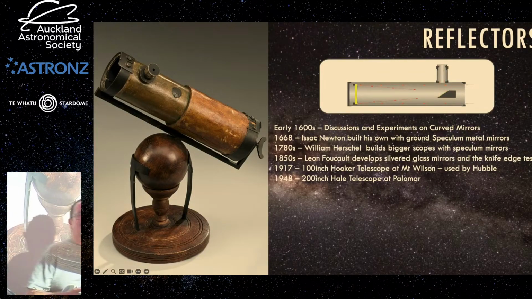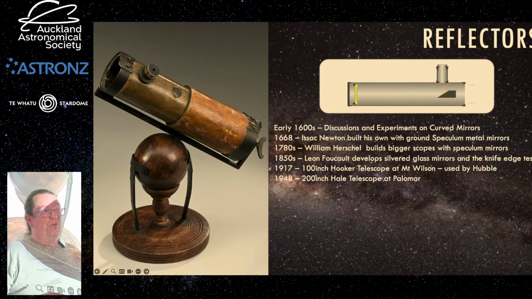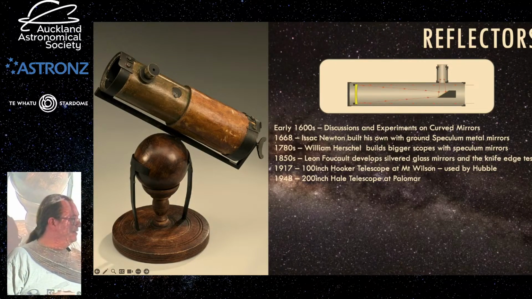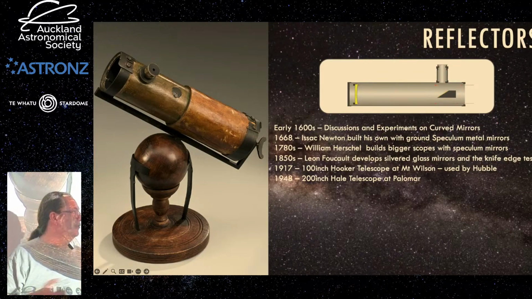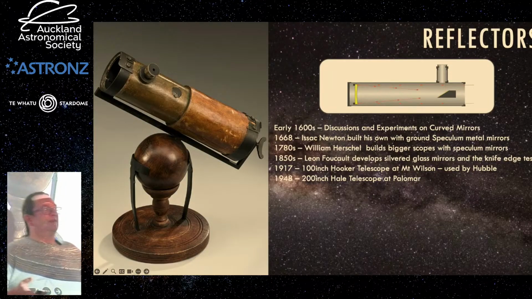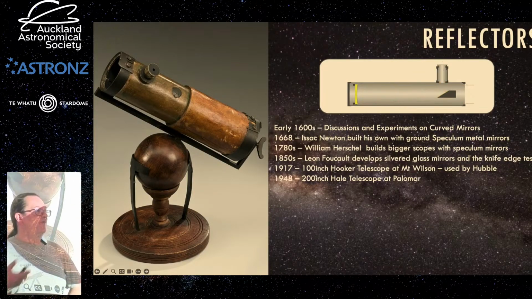In the 1850s, French physicist Léon Foucault came up with a way to use silvered glass as a mirror, taking a figured piece of glass and silvering it to reflect light. He also invented a way to check the figure of that mirror using a knife edge.